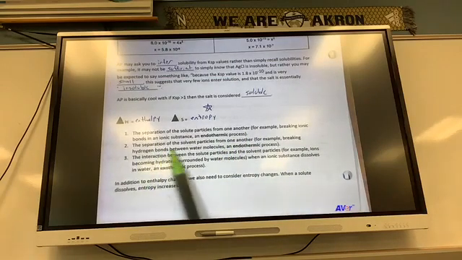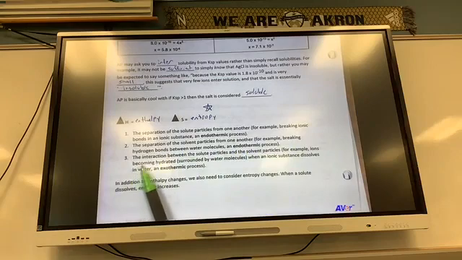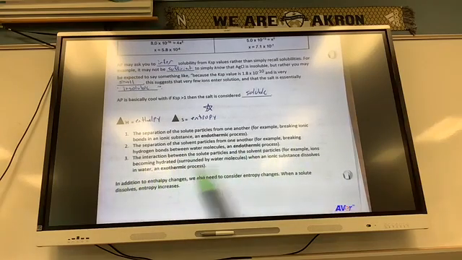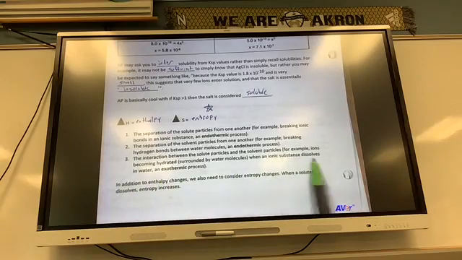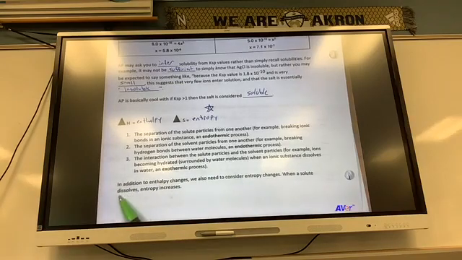The separation of solvent particles from one another, so breaking the bonds, would also be endothermic. The interaction between the solid particles and the solvent, for example, ions becoming hydrated when an ionic substance dissolves, is exothermic.